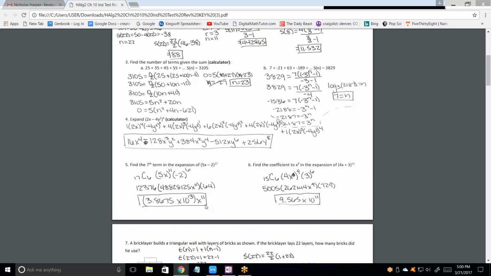That is the entire seventh term. Okay. Know why? Because b was a number. B wasn't y. So that's how you do these.